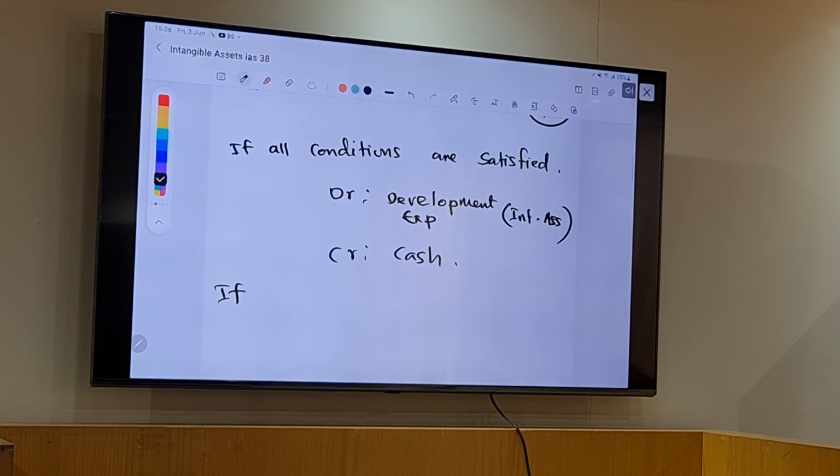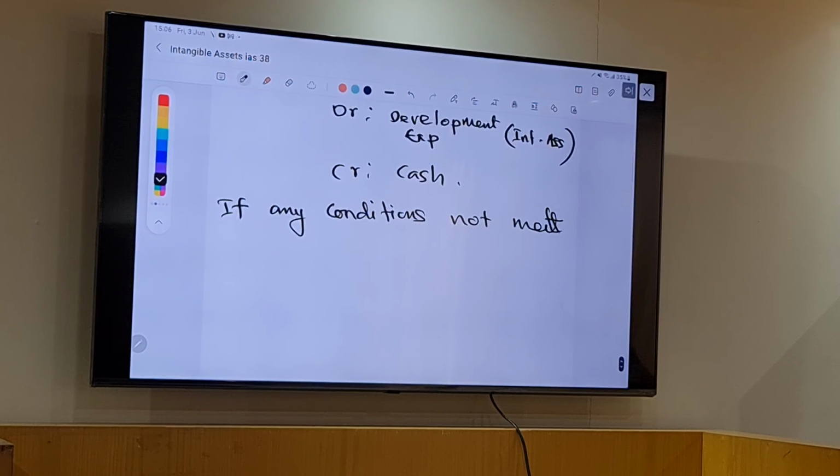If any condition is not met, and any means even one condition not met, collapse. Then what do you do?